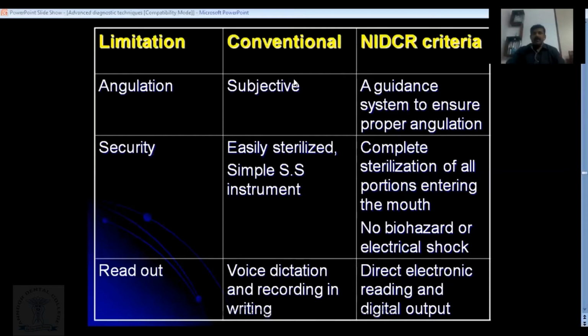But according to NIDCR, an ideal probe should automatically detect the probing depth, or the cemento-enamel junction, or clinical attachment level, and you will get that value in the computer, from which you can take a printout. So much advanced the probe should be. There are a lot of probes available in the market, of different generations, but there is not one single probe that follows all the criteria put forward by the NIDCR so far.